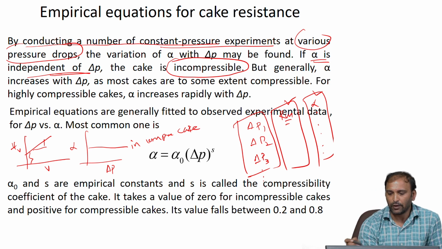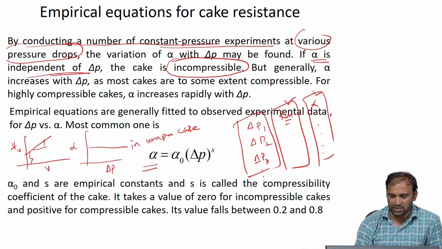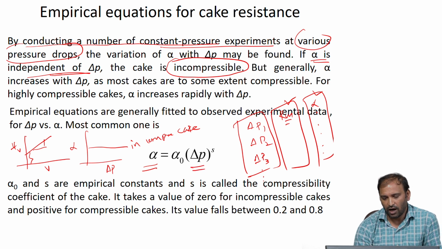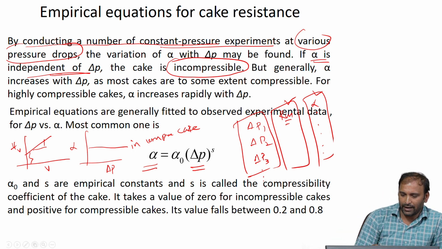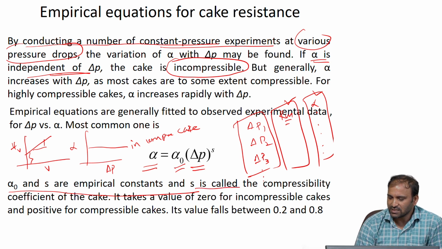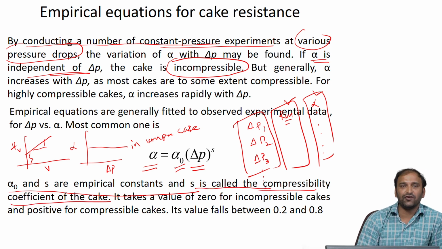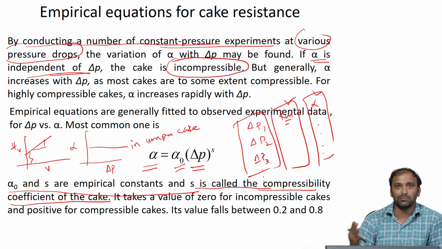One of the empirical equations that has been developed to capture how alpha, the specific cake resistance, varies as a function of pressure drop, is alpha goes as alpha naught into delta p to the power s, which is an empirical equation obtained by doing a lot of experiments. Alpha naught and s are empirical constants, and s is called the compressibility coefficient. It tells you how compressible or incompressible the cakes are.